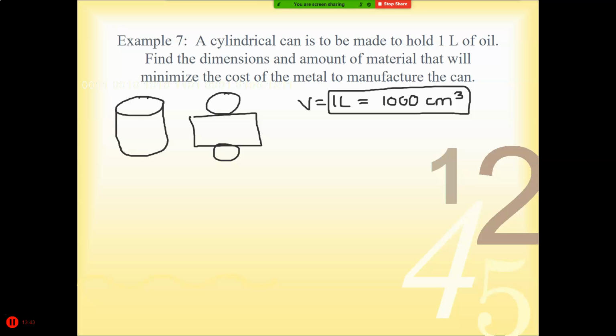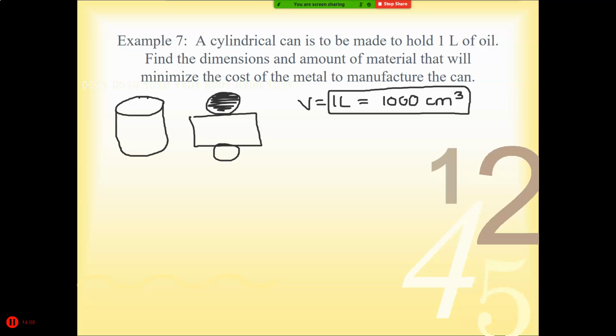It says to find the dimensions and amount of material that will minimize the cost of metal to manufacture the can. In order to minimize the cost of metal to manufacture the can, we're trying to minimize the amount of material being used.